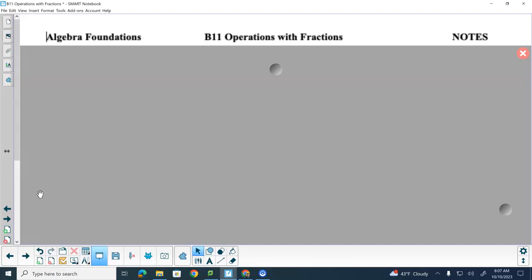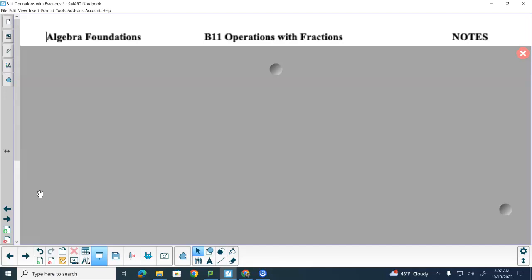Negative plus a positive. What do we do with the digits? We subtract the digits, and what do we do about the sign? We can't keep the sign, there's one of each. Keep the sign of the larger one. Okay? Keep the sign of the bigger one.